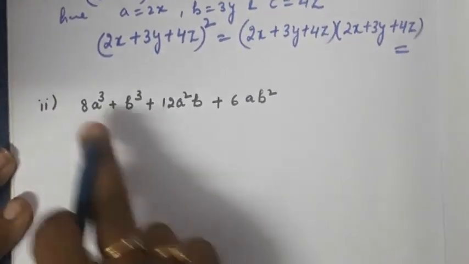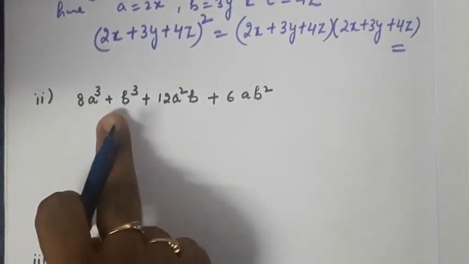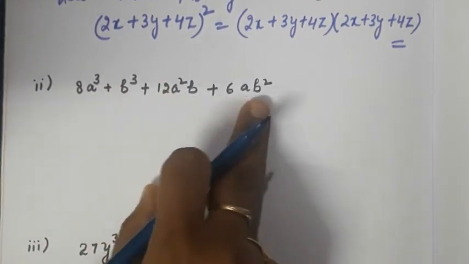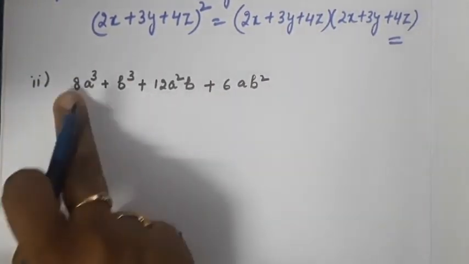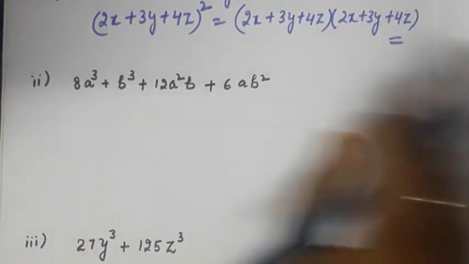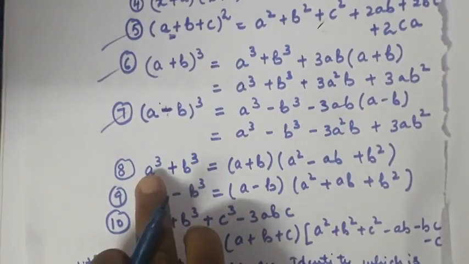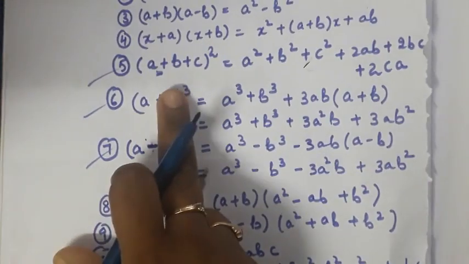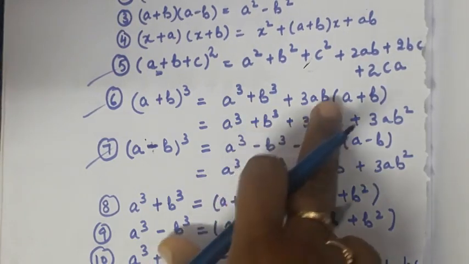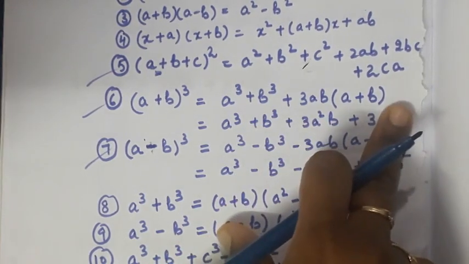It says 8a cube plus b cube plus 12a square b plus 6ab square. As you can see clearly, it is the expansion of a plus b whole cube. You can see a plus b whole cube, whose expansion was a cube plus b cube plus 3a square b plus 3ab square.